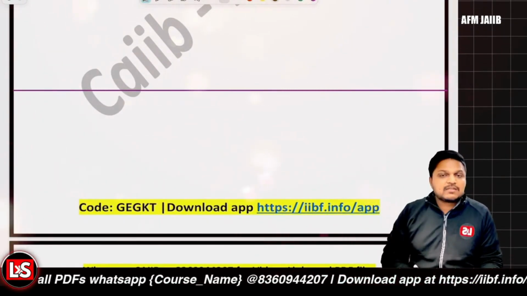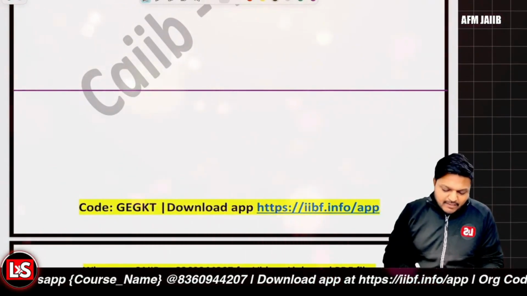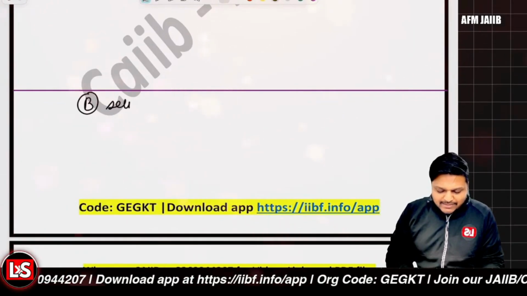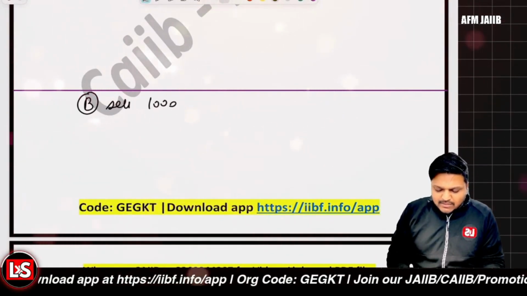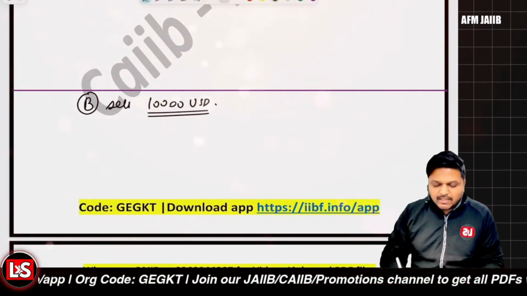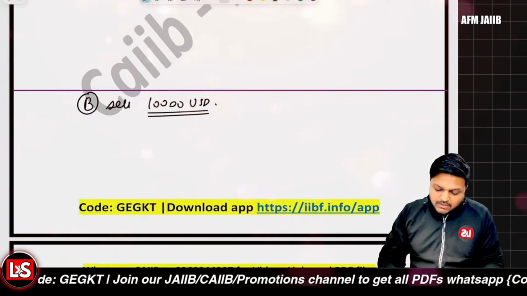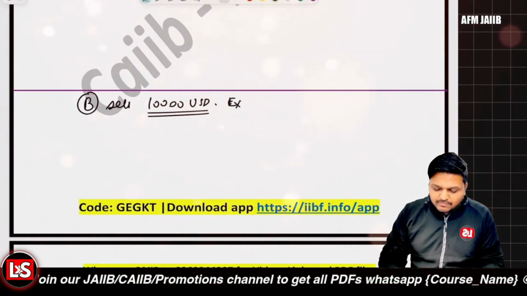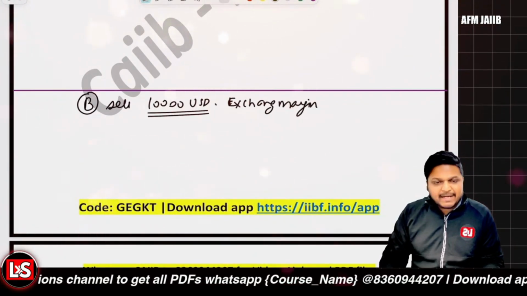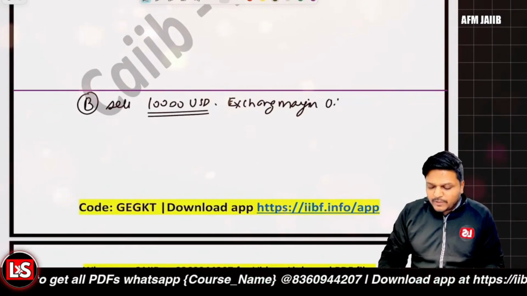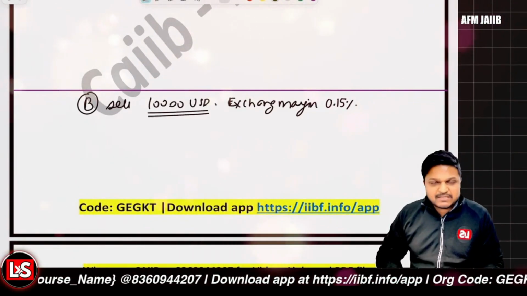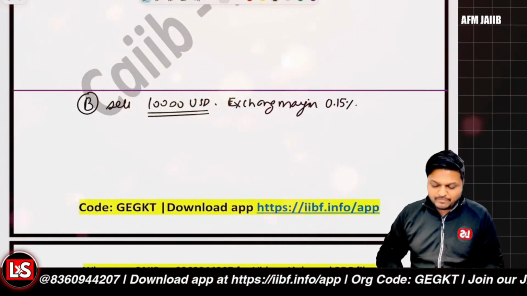Let's take the case that B wants to sell 10,000 USD, and further the exchange margin, the fees that the bank will be deducting, is 0.15%. It is 15 paisa.